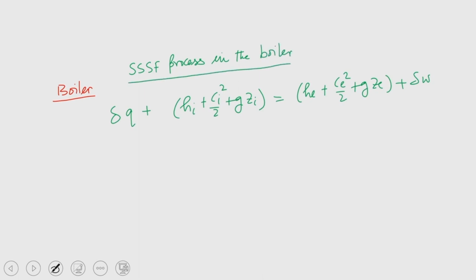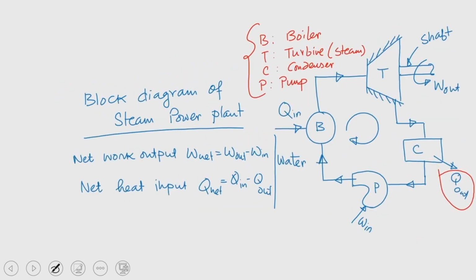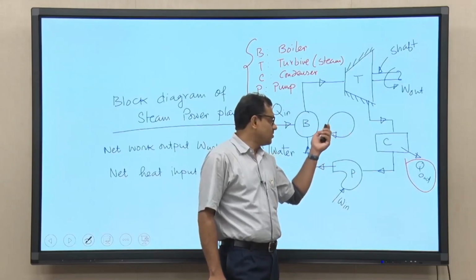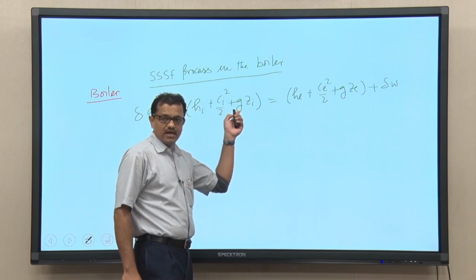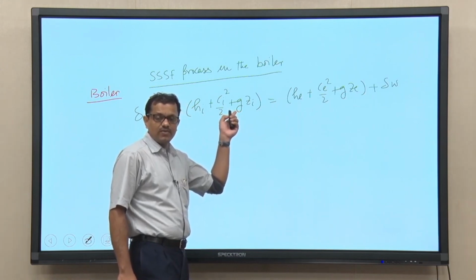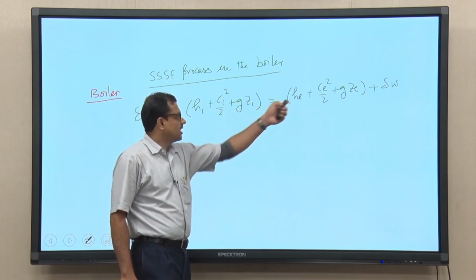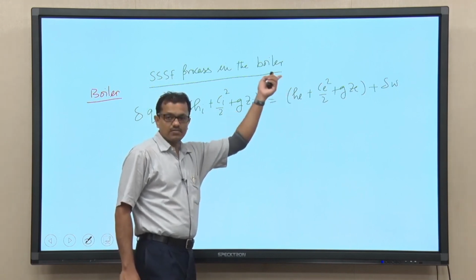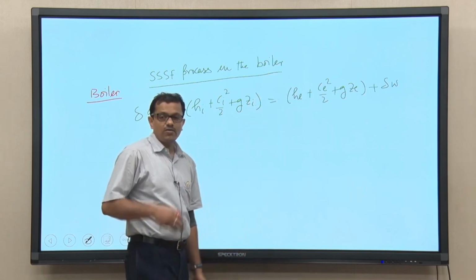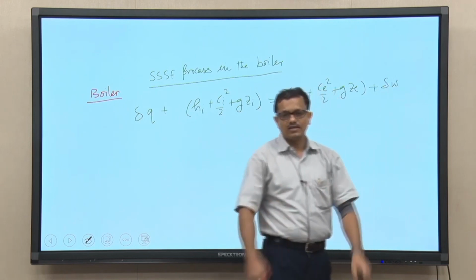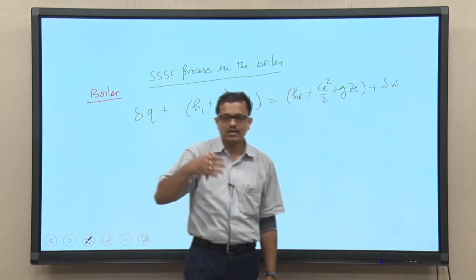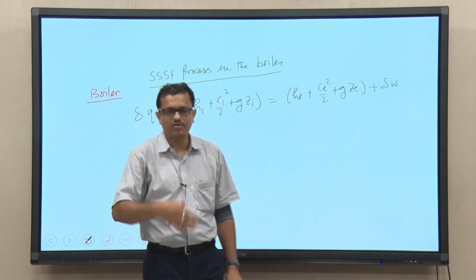As I told you, the work required to maintain the flow in the presence of pressure is already considered in this equation, in the enthalpy term. But here the control volume is not doing any work. So, this δW takes care of any work done by the control volume, either work done on the control volume or work done by the control volume.